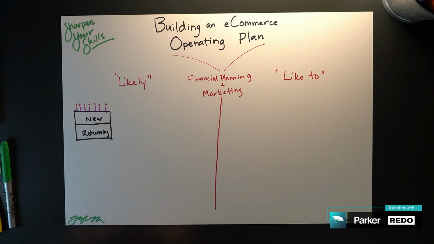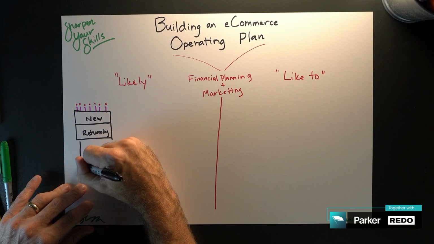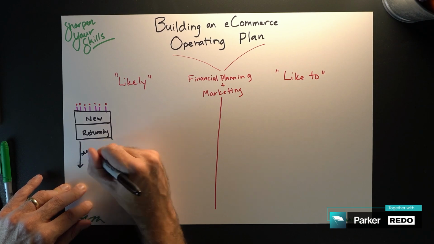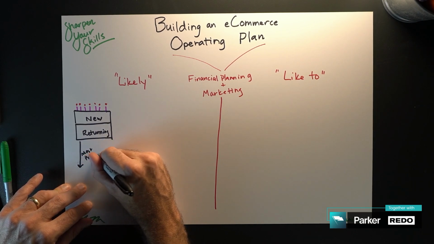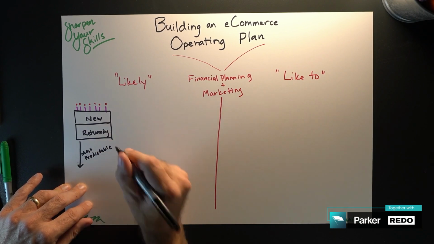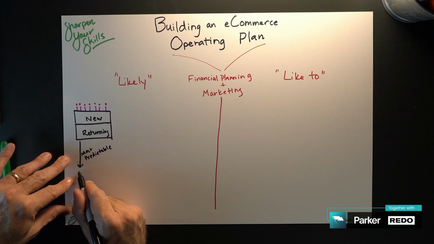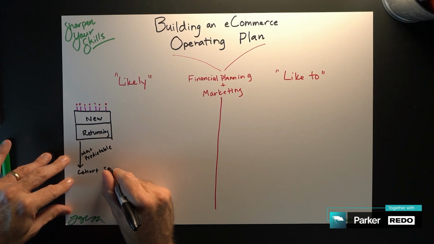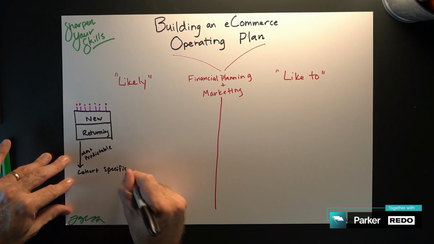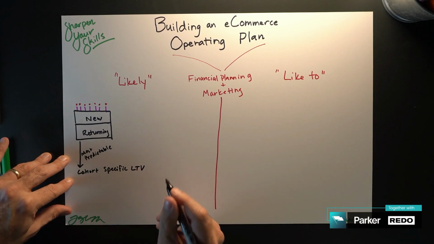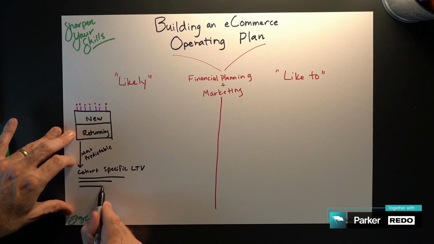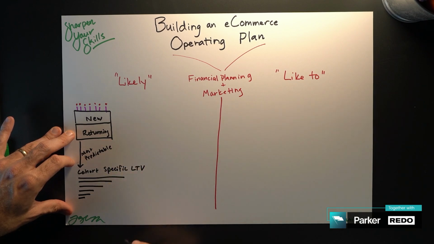This model often begins with modeling your returning customer revenue. This is the most predictable part of any e-commerce forecasting exercise, is to create a cohort-specific LTV model of your future existing customer revenue. You've probably seen a cohort chart where it shows revenue by month over time for each month and each subsequent new set of customers.